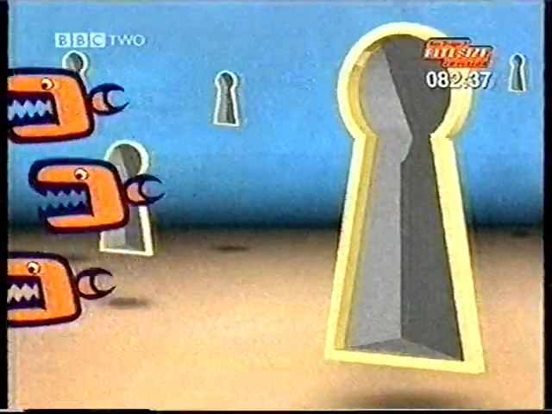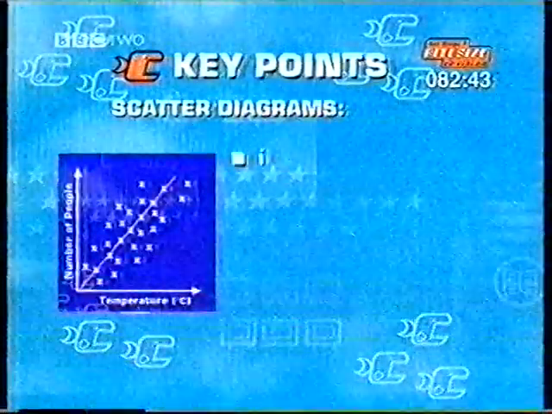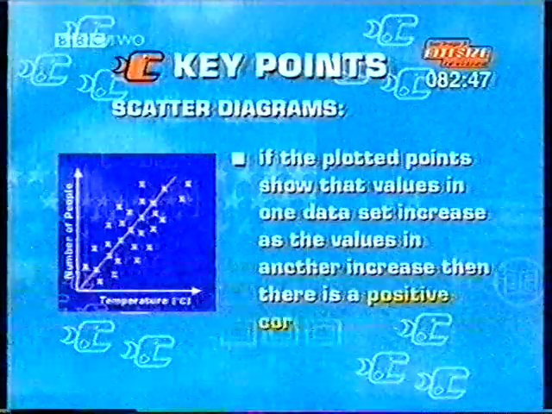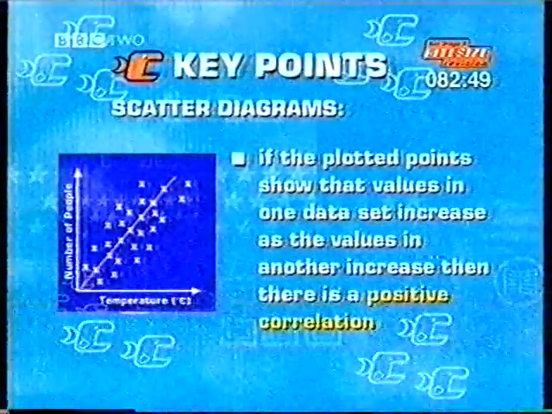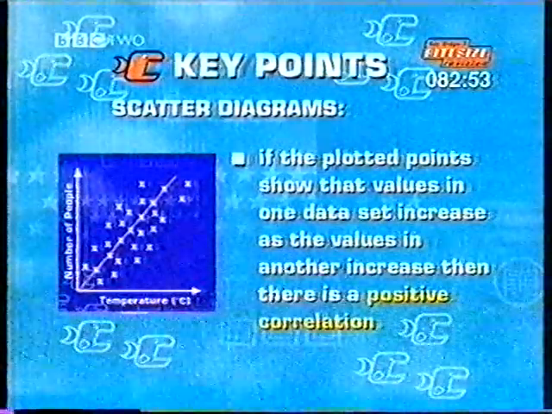Okay, let's summarise. If the plotted points of a scatter diagram show that values in one data set increase as the values in another increase, then there is said to be a positive correlation.